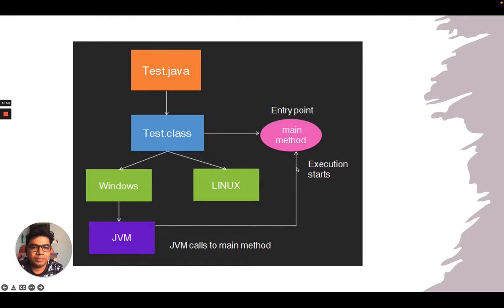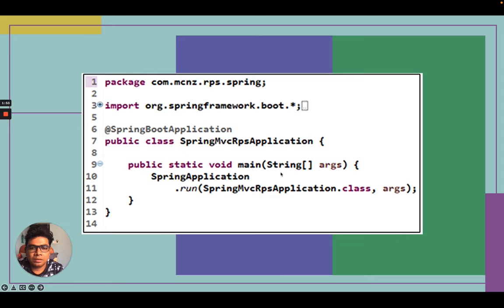So the main method is the entry point from where the execution of any Java program starts. Here is a sample Spring Boot application where we have to write public static void main to let the JVM know this is the place from where to start execution. Be it a Spring application or any normal Java application, it has to have a main method.